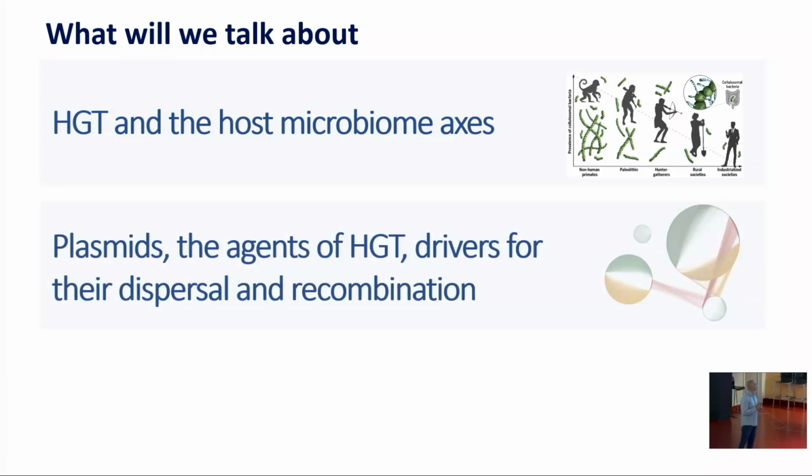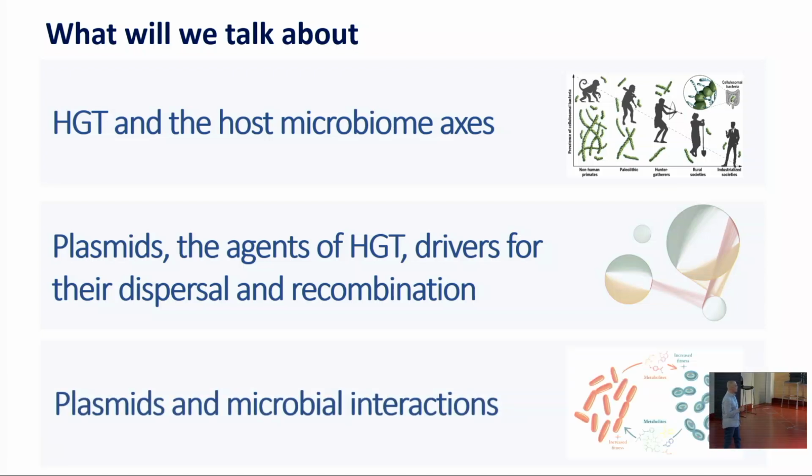We'll move forward to the drivers, what actually affects plasmids that can carry these genes in a specific environment, what evolutionary forces can affect that, and how it is connected to the ecology of the ecosystem. And finally, we'll dive down into a specific example, going from the top down to very bottom-up approaches to understand the role of plasmids within specific ecological systems.